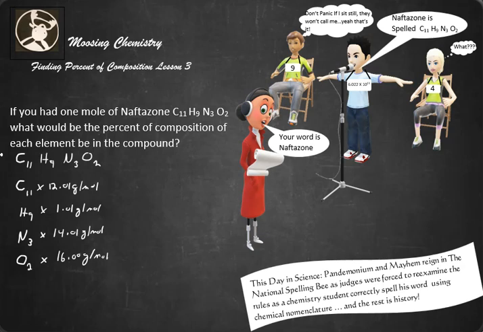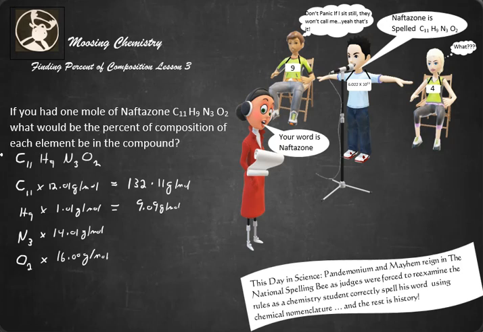So all you have to do is multiply each of these molar masses by the number of each of these atoms. We have 11 carbon times 12.01. That's going to give me 132.11 grams per mole. Hydrogen is going to give me 9.09 grams per mole.